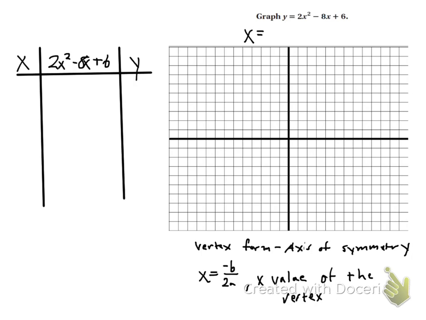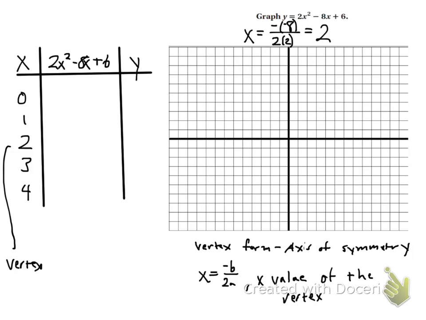So in this case, our x value of the vertex is going to be x equals negative negative 8 all over 2 times 2, which is going to give me 8 over 4, or 2. So our middle value will be 2 because that is the vertex. And then we'll step out from there, 3, 4, 1, 0, because we only need 5 values to graph. Plug in our values. 2 times 2 squared minus 8 times 2 plus 6.